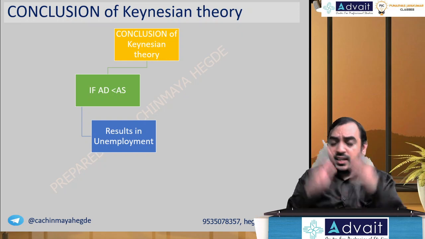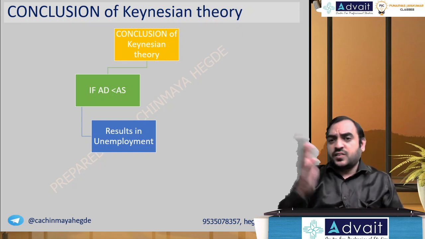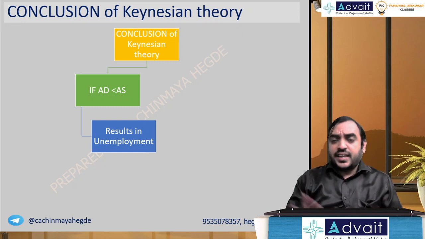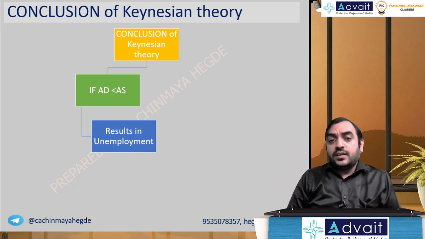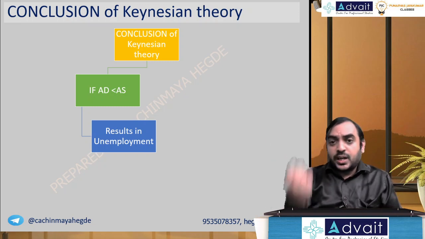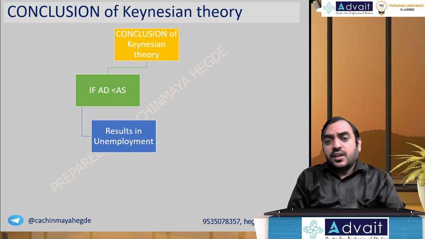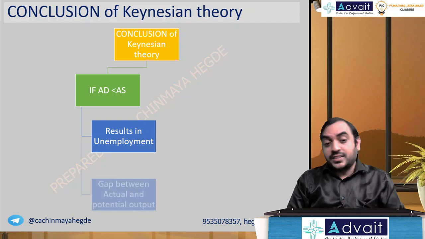Because imagine from a company's or business point of view, imagine Tata Motors or Hero Honda or Nestle, for example. They have produced goods, but people are not consuming them. They have to hold inventory. They are not able to sell. So business will come down. So business comes down means they cannot generate employment. It results in unemployment because it is bad for business.